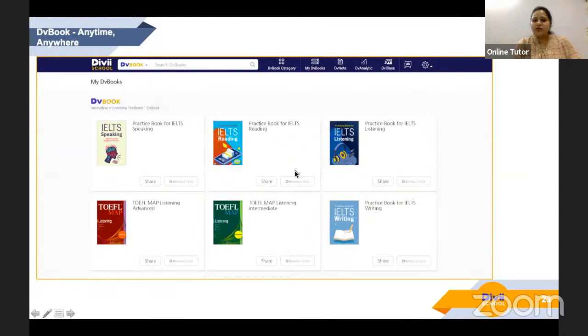Divii provides you with a set of ebooks which are at your disposal. You can use them to practice. You can share your tasks, your assignments with your trainers. The scoring, the marking system is AI implemented.